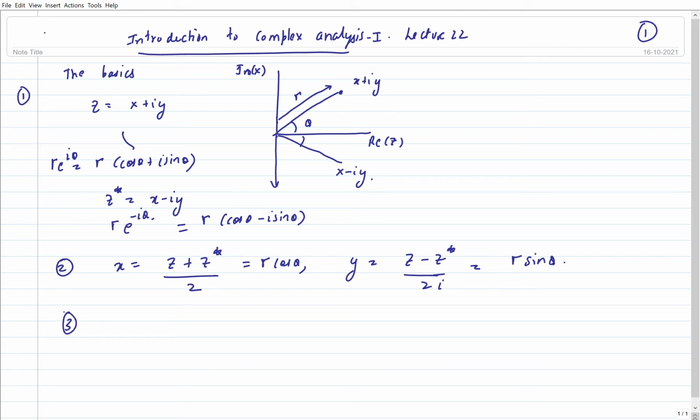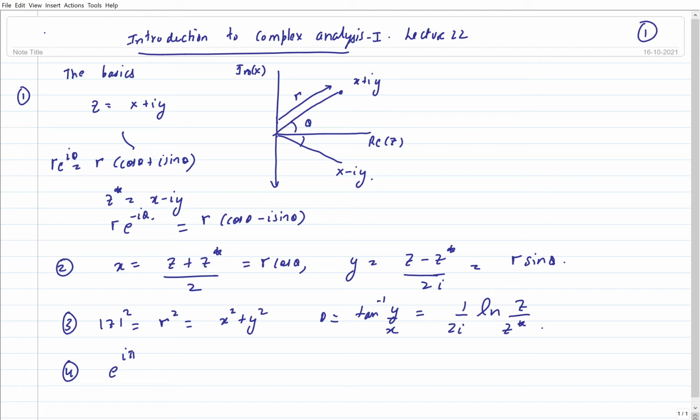What's the magnitude of the vector? That was mod z square equals r square, x square plus y square, and the angle theta is given by tan inverse y by x, or in other words log of z divided by z star. So you can all check these things.